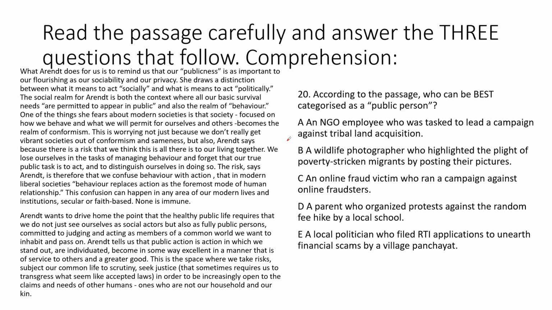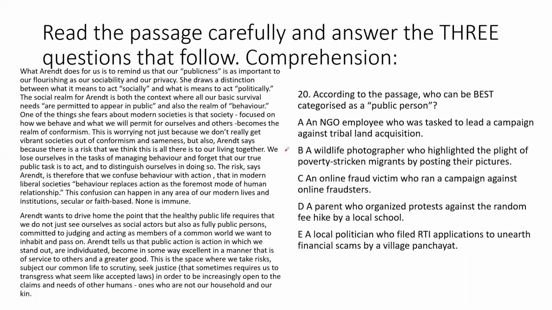The question says, according to the passage, who can be categorized as a public person? So first of all, we need to understand who is a public person. The passage discusses that. Let's look at the options to understand how it works.